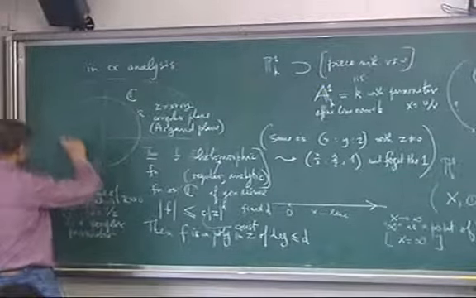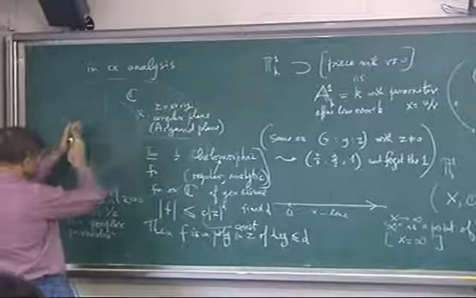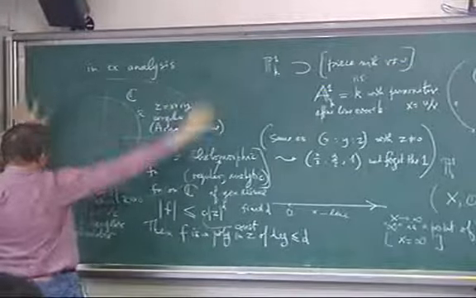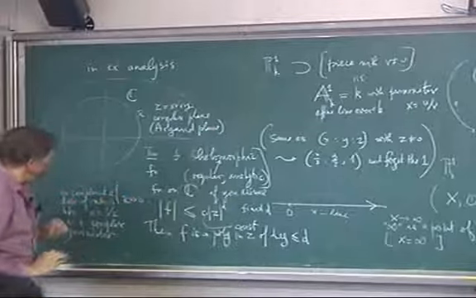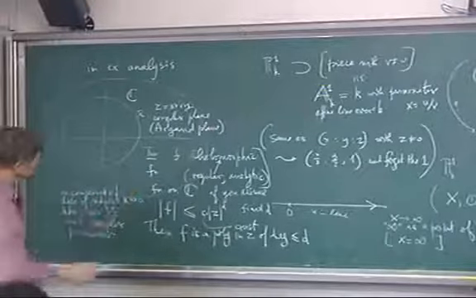Think of this r as being very, very large. It's gone way beyond the blackboard. It's covering the whole of the universe, but it's not going quite out to infinity, right?